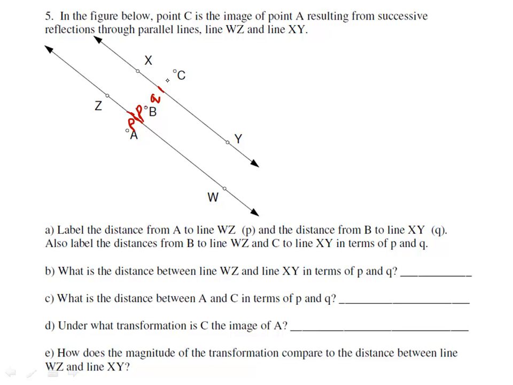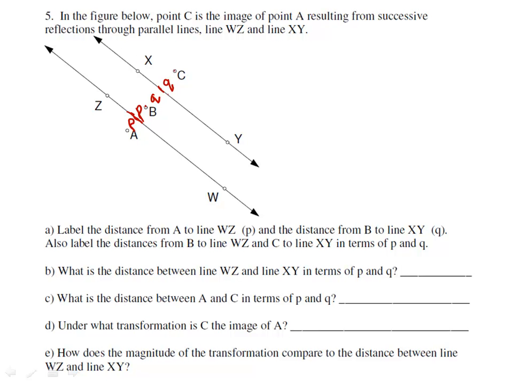And this is also the distance Q, because from B to XY is Q, and from XY to C is Q. When I reflect something across the line, however far away it was from the reflecting line to start with, it's going to be that far away from the reflecting line after I reflect it. So if this was 5 inches away from the reflecting line, then the reflection would be 5 inches away from the reflecting line as well. That's why we can label these the same, P and P, Q and Q.